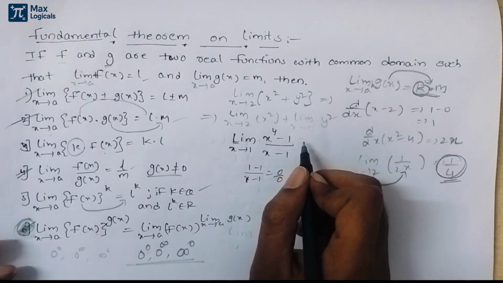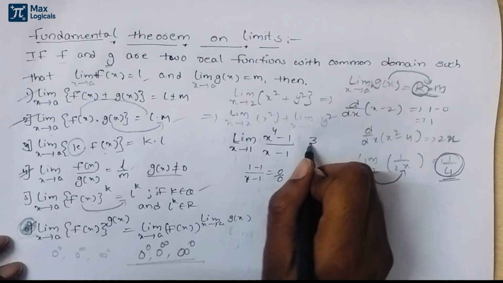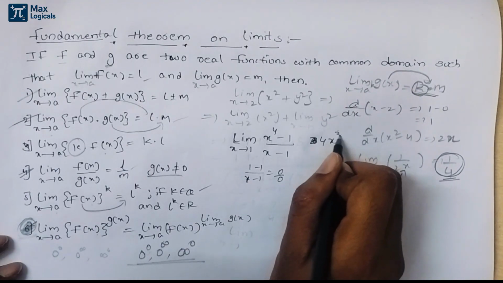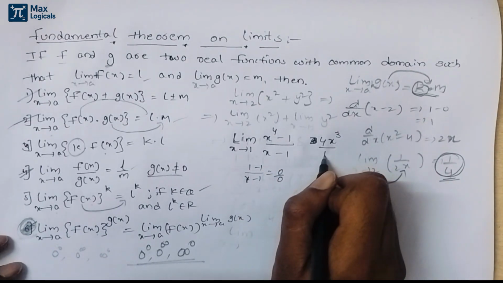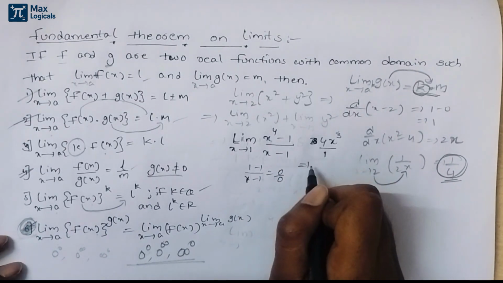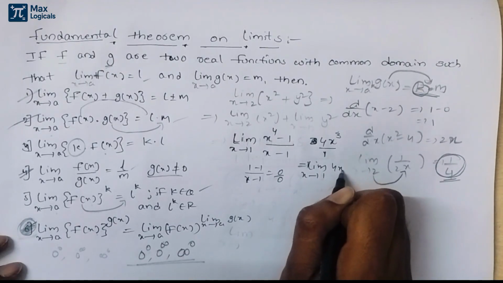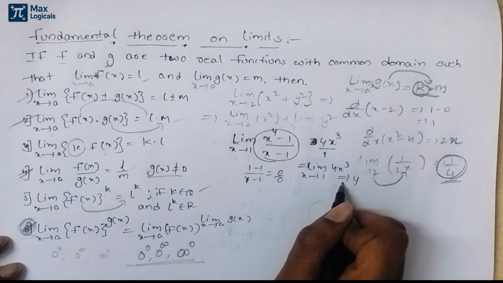Now we find the differentiation of numerator and denominator, that is 4x cube by 1, that is 4. The limit as x tends to 1 of 4x cube is 4, so the limit of this function is 4.